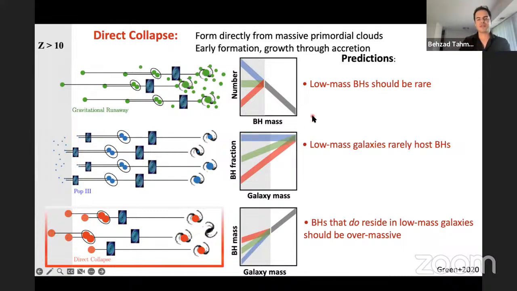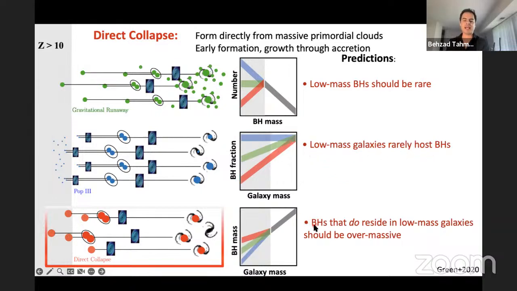The prediction of this theory is that low mass black holes should be rare, first of all, because if they are massive enough in the early universe, after 10 to 12 gigayears of evolving, accreting and growing, they should be even more massive. So low mass black holes should be rare, and low mass galaxies should rarely host a black hole.